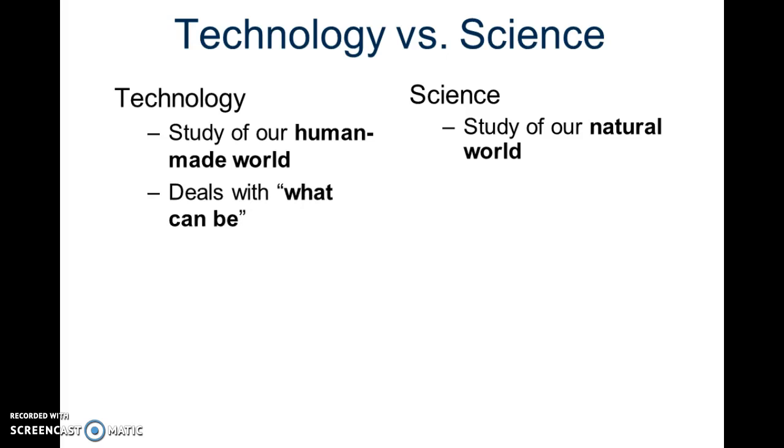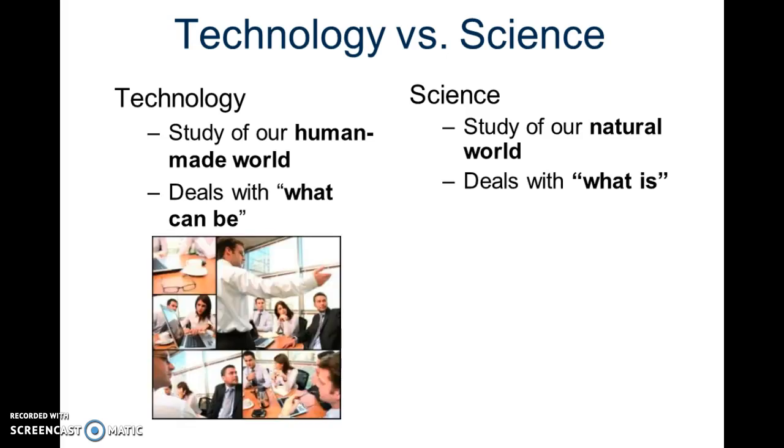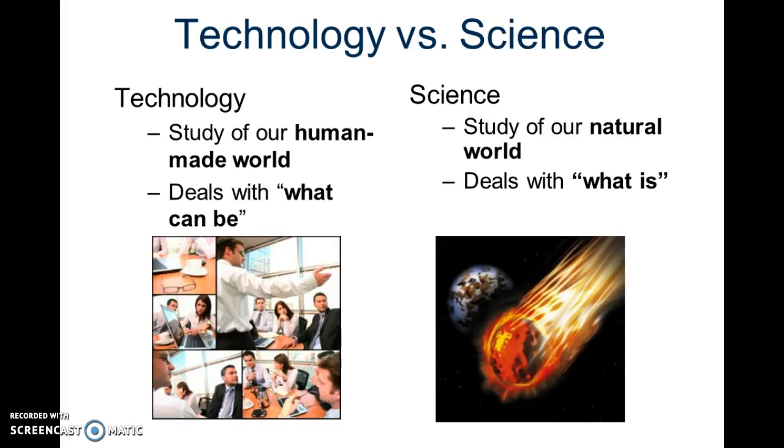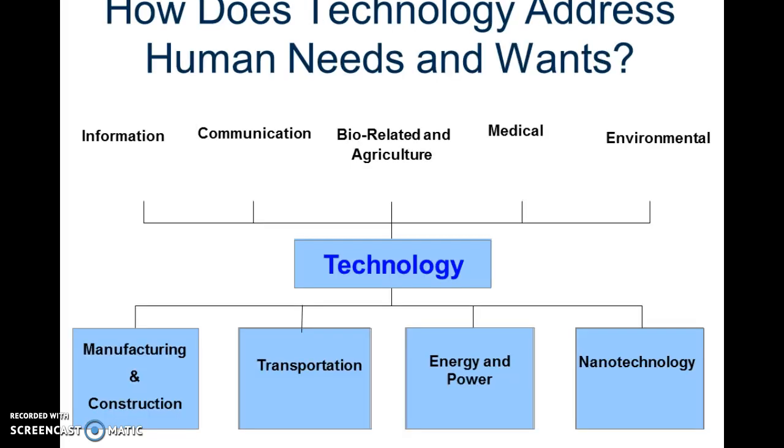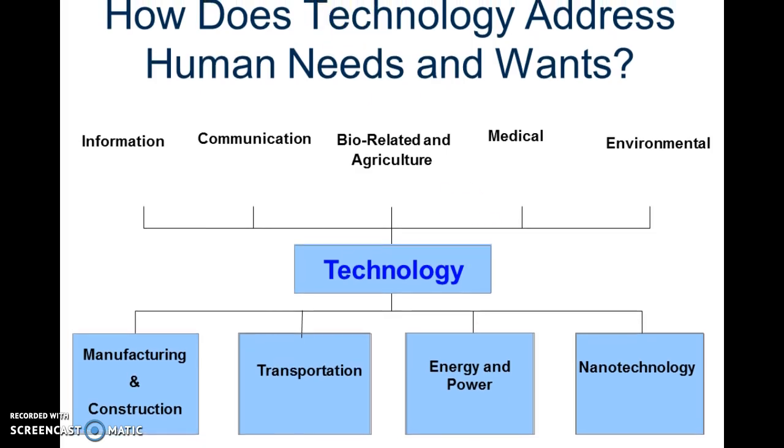Technology often deals with what can be created by us, where science deals with what goes on in our environment and occurs in the surroundings. Let me stretch this up a bit here.